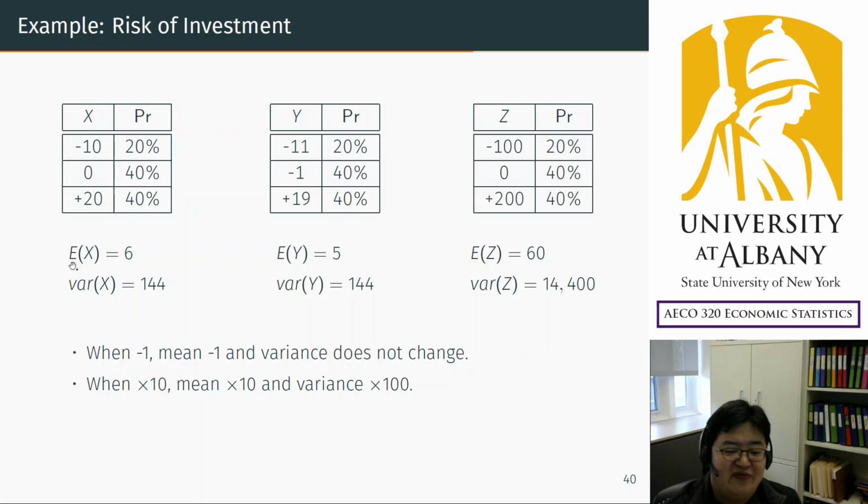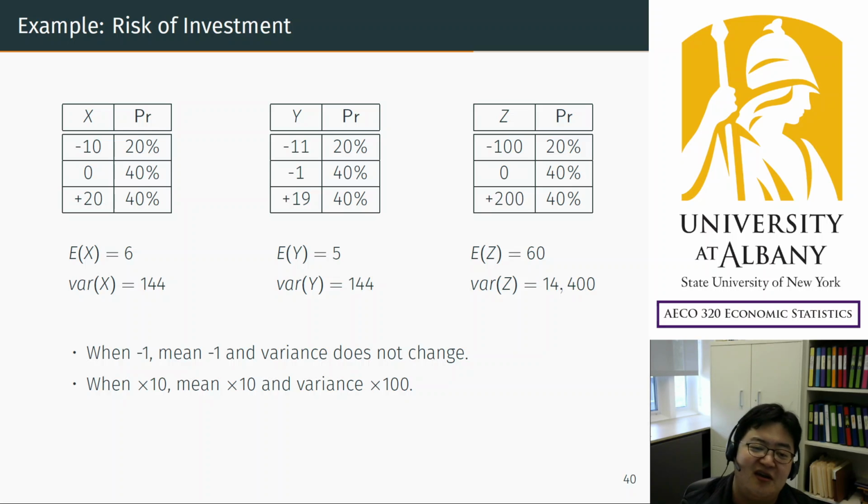So in the previous chapter, I explained the property of a mean when you have a linear transformation. When you learn that result, you may think it's obvious. It's too obvious a result. But actually, that was a very special result. So when you compare the properties of the mean and the variance, now you see how nice the mean is.